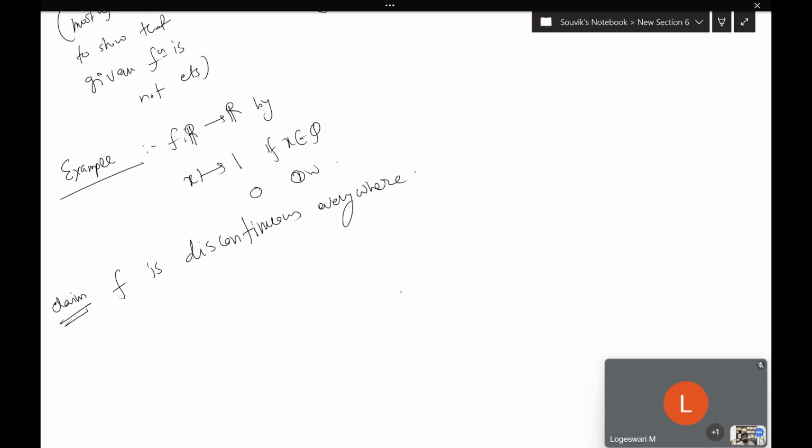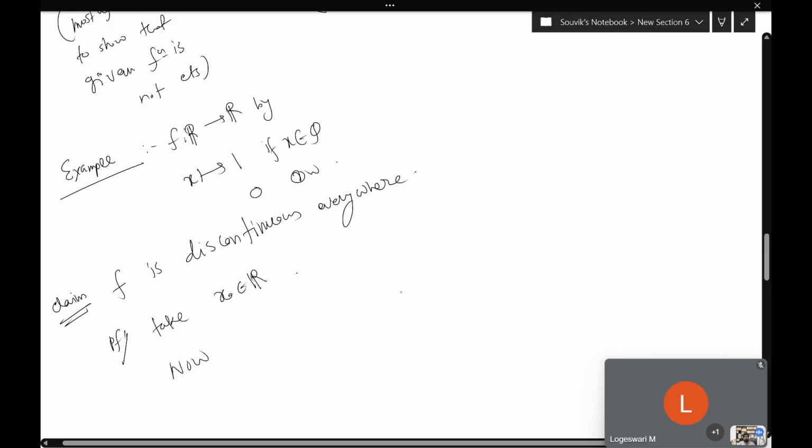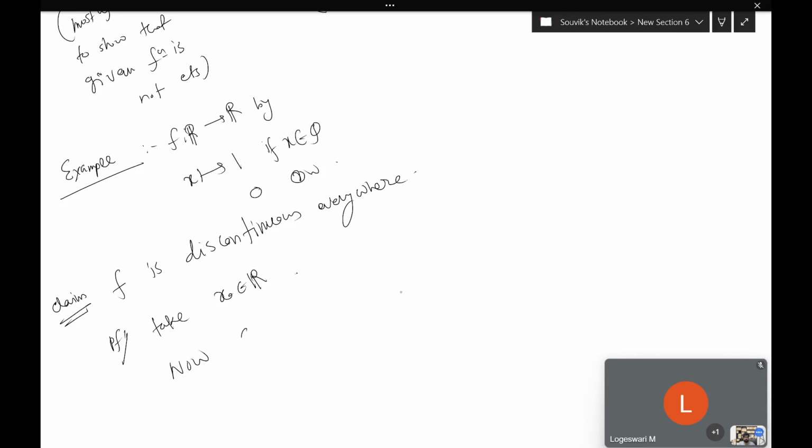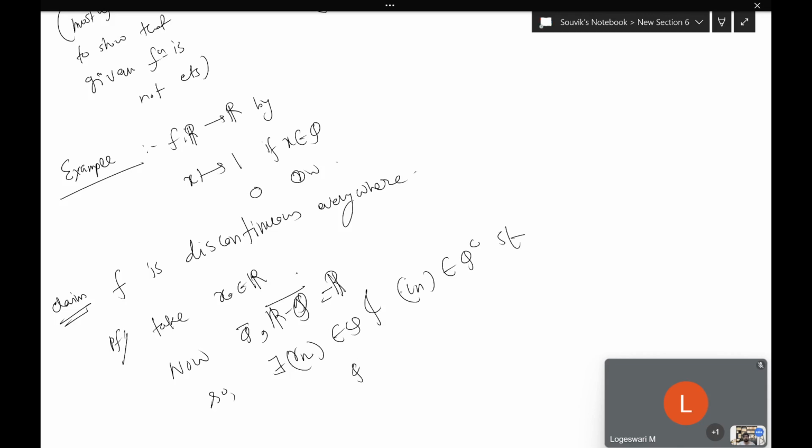So how to prove it? Choose x naught belonging to R. We know that the rationals and the irrationals are dense in R, that is, the closure of Q and the closure of R minus Q are the whole of R. So there is a sequence r_n in Q and a sequence i_n of irrational numbers such that r_n goes to x naught and i_n also goes to x naught.